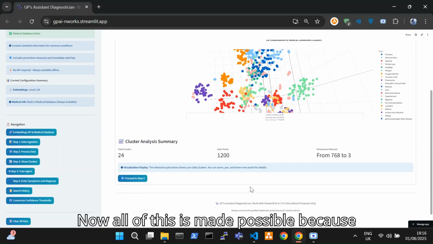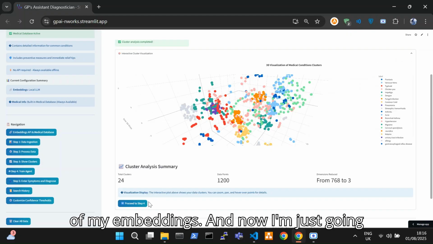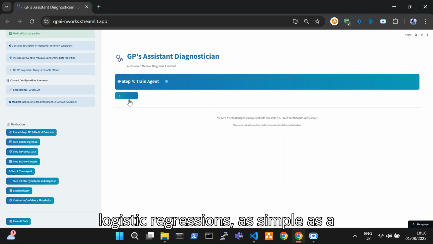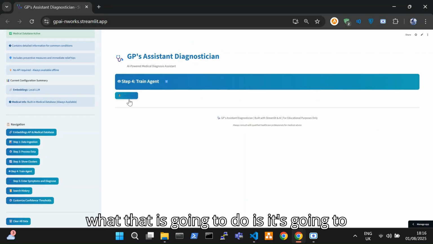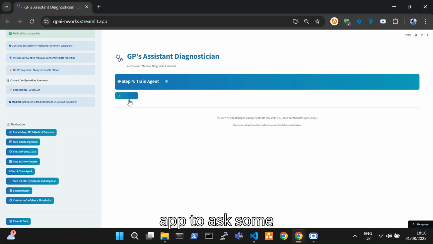Now, all of this is made possible because of my embeddings. And now I'm just going to train a simple ML model. It could be logistic regression, as simple as a logistic regressor on this. What that is going to do is allow me, or anyone using this app, to ask some questions in the form of symptoms and get a diagnosis back.